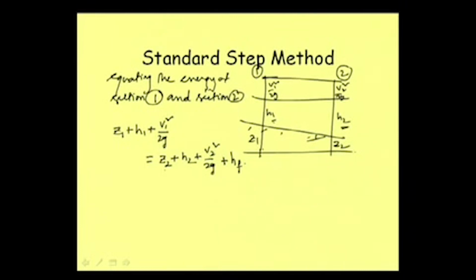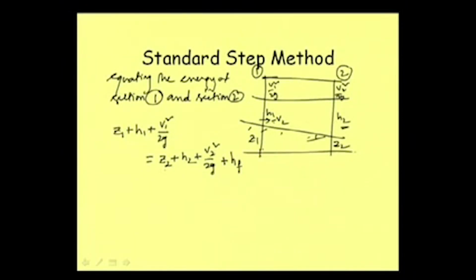But apart from that friction loss, there is another type of loss also. In between there may be eddy formation if there are some changes in the channel pattern, or velocity may drop significantly from V1 to V2, and because of that change in velocity there may be another kind of loss that we call eddy loss.